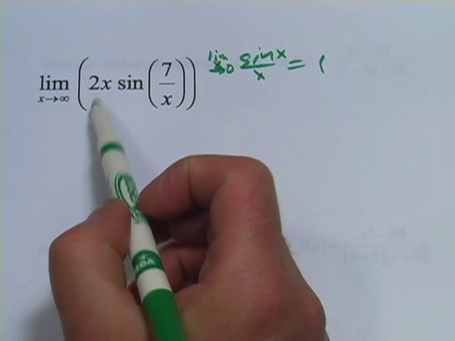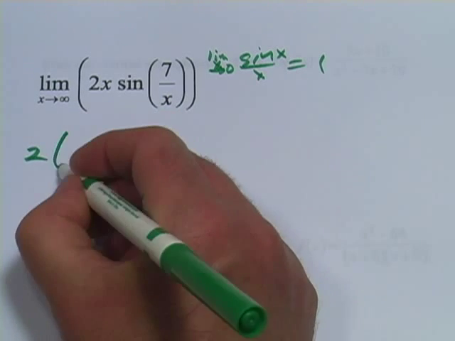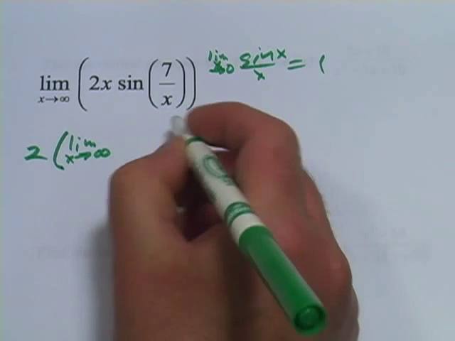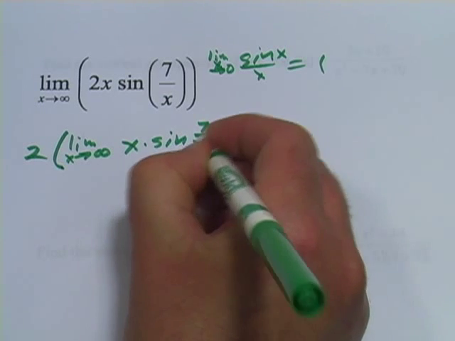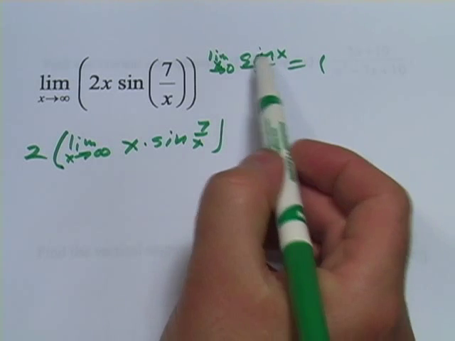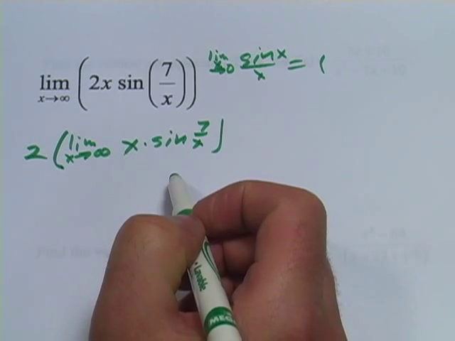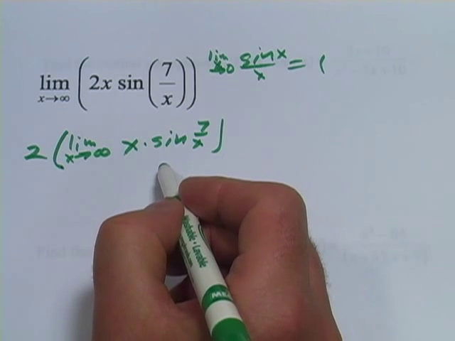Well, first of all, I'm going to take out this constant, this 2. It's just going to get in our way. So I'll pull that out, and then we have the limit as x approaches infinity of x times sine of 7 over x. Now the first trick that we're going to use here is that we want sine of something over something. So this x here, I'm going to convert that into a 1 over x and move it down to the bottom.